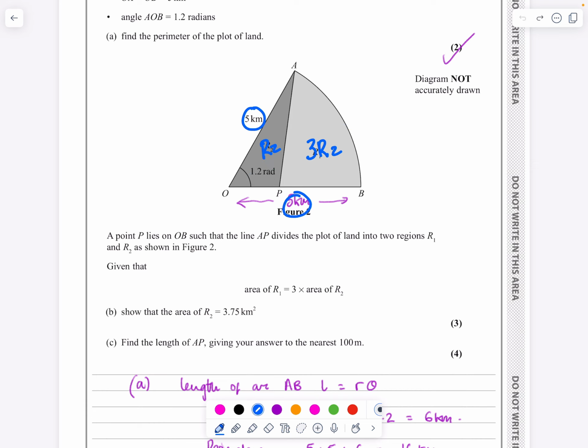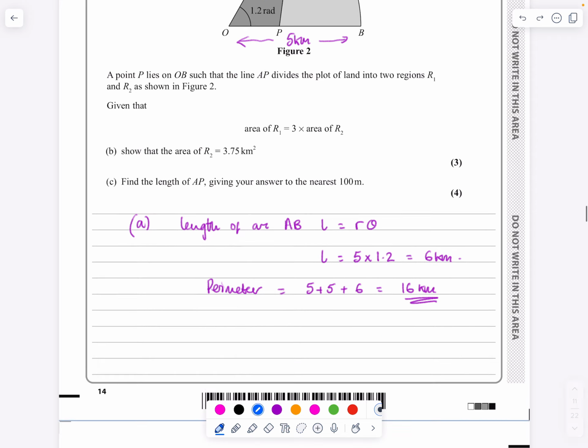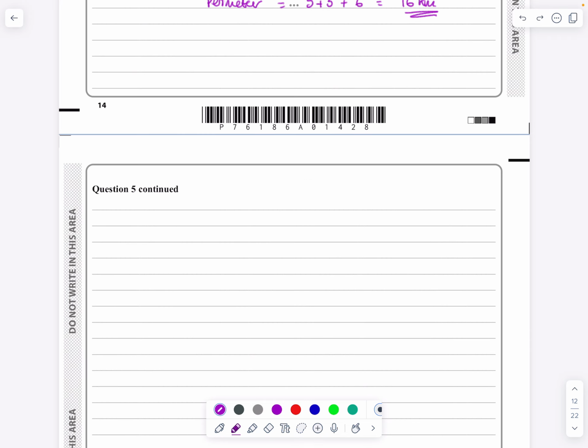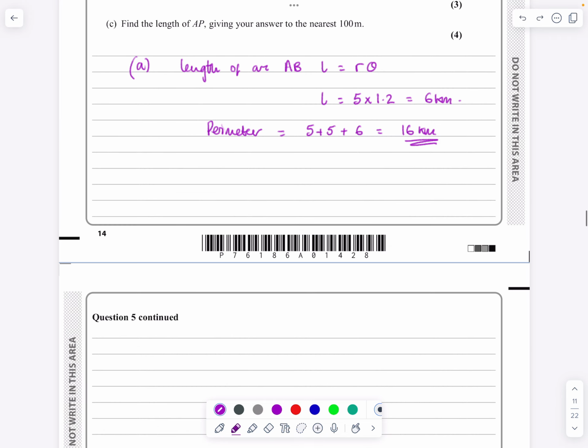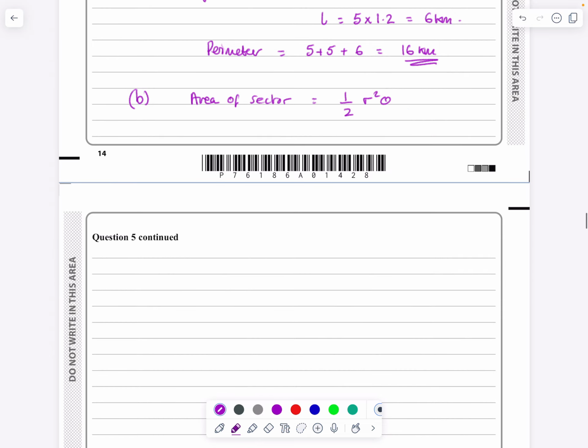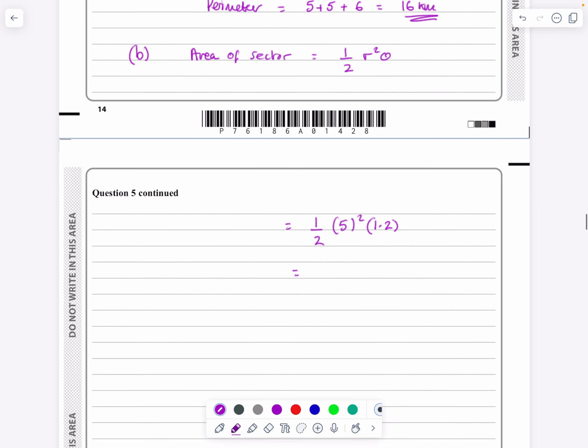Let's explain to the examiner what I've just said. So part B is this, yeah, part B. The area of the sector, that's half r squared theta. So in this case, that's half 5 squared times 1.2. And that works out to be equal to 15.